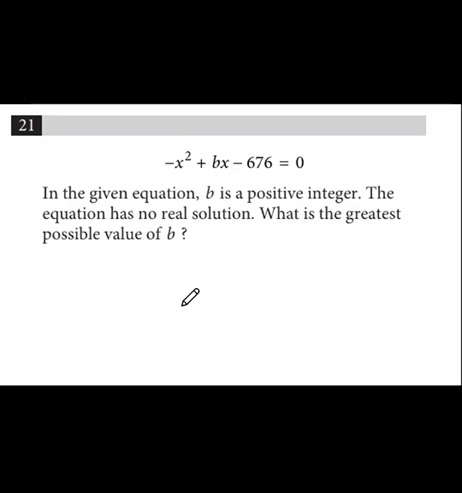We know that for quadratic equations, there's no real solution if the discriminant, which would be b squared minus 4ac, is negative. So this has to be less than 0. In this case, we have both a and c. So a is just -1 and c is -676. So we can just plug in for a and c.